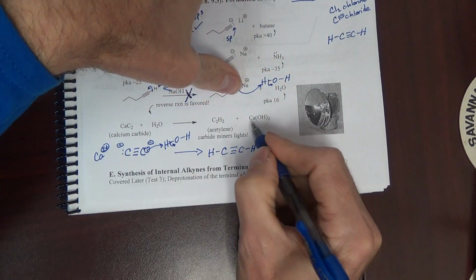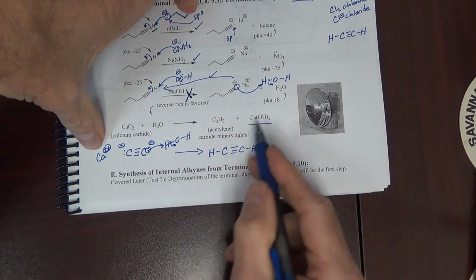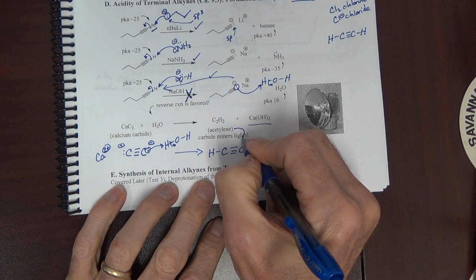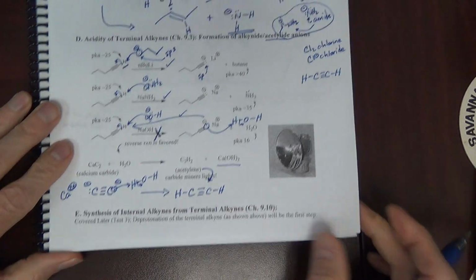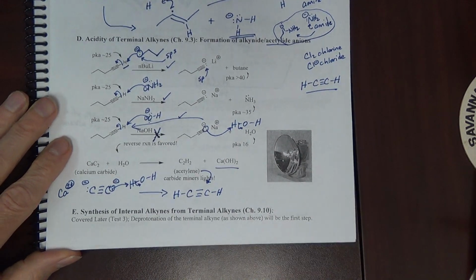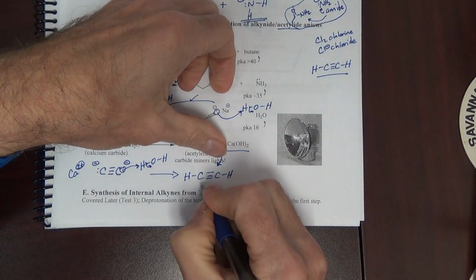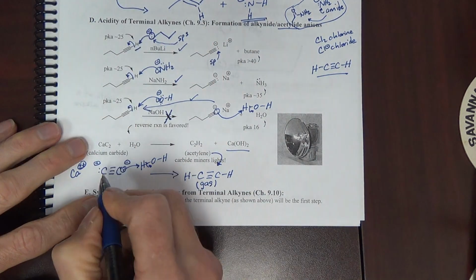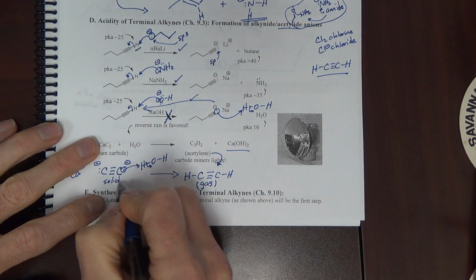All right. 2 hydroxides, and the calcium will sit with the 2 hydroxides. But we made acetylene. All right, remember I told you acetylene? And this is a gas. All right, this over here is a solid.